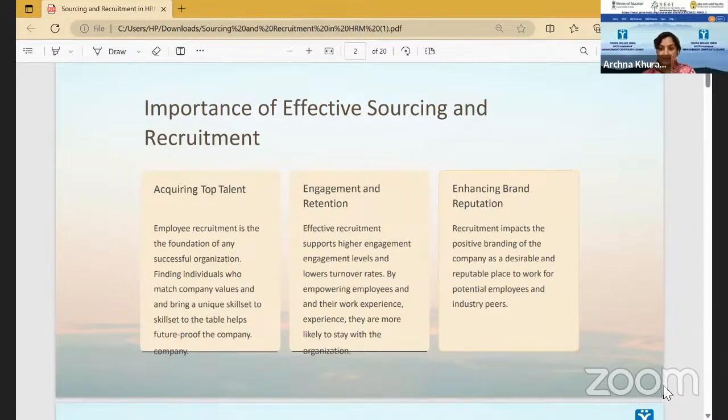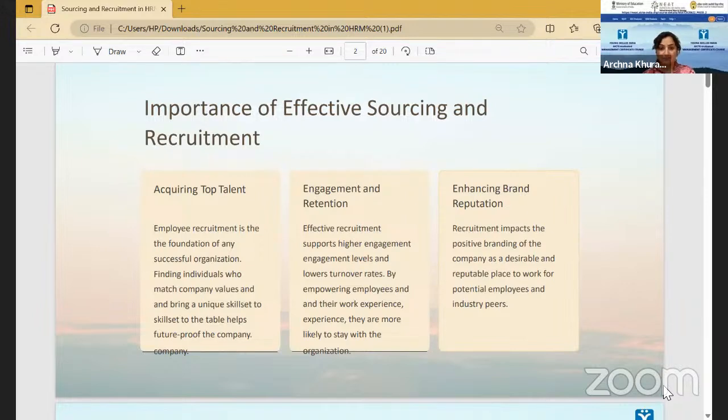But how are things practically done in the corporate? What are the channels of sourcing? How are you going to use different kinds of channels which are not being used by older people in the organization? How are you going to make it more successful for the organization? That is what we have to keep seeing. So experiential learning has to be one of the important things when we are talking about the skill gap.